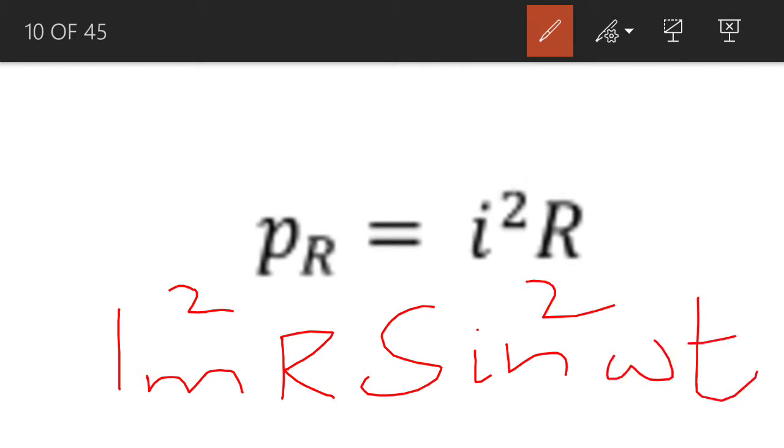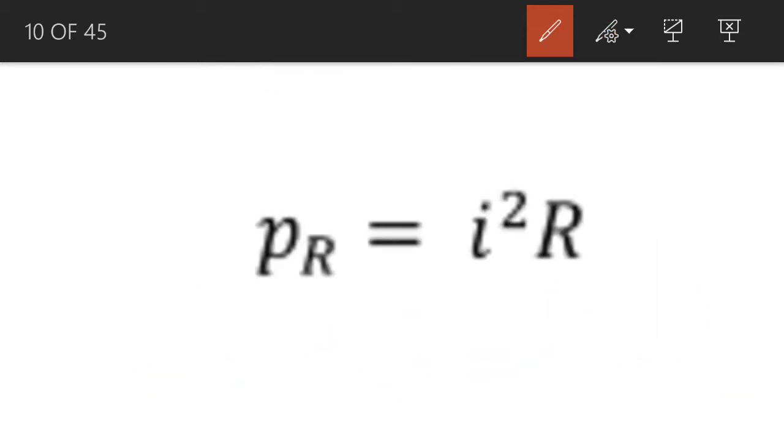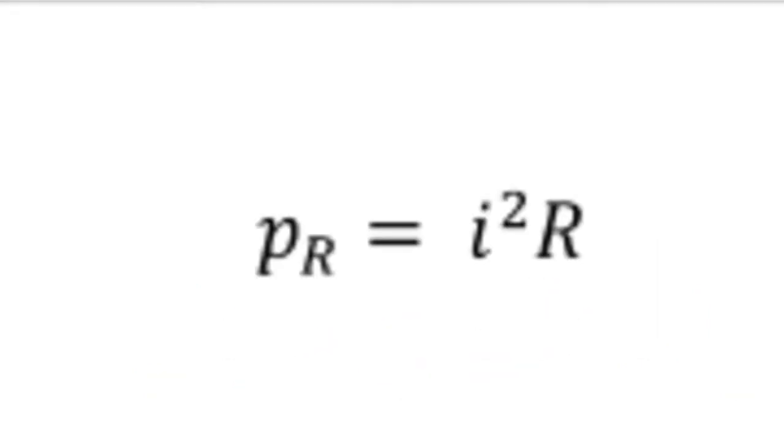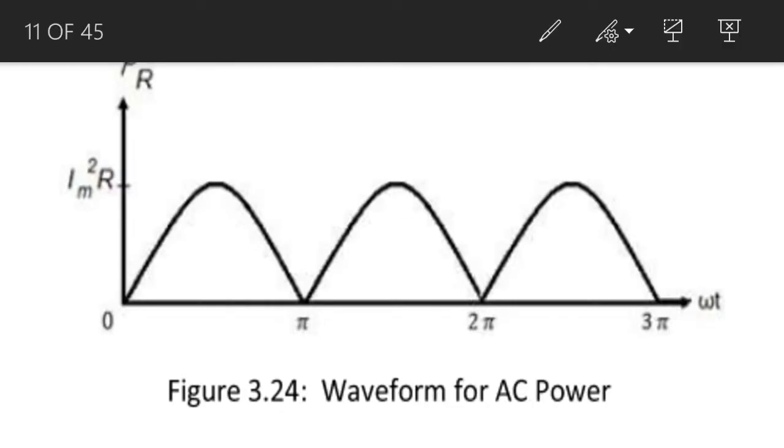This will be the equation for the AC power, the AC power which is taken by the resistor from the AC voltage source. And if we plot this AC power, the waveform for this AC power is shown over here.